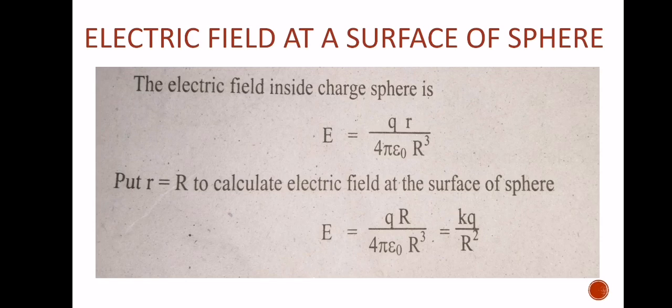That is E is equal to Q into capital R over 4 pi epsilon naught into R cube. After cancellation, the resultant equation will be Q over 4 pi epsilon naught into R square. Replacing 1 over 4 pi epsilon naught with the Coulomb constant k, E is equal to k Q over R square. This is all from this topic. Thank you.